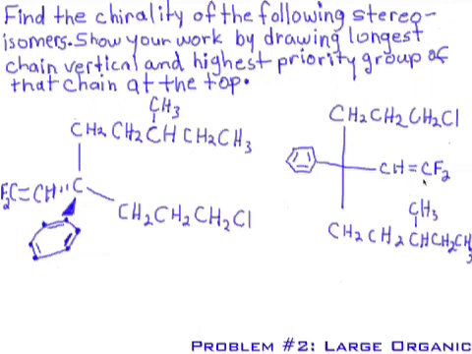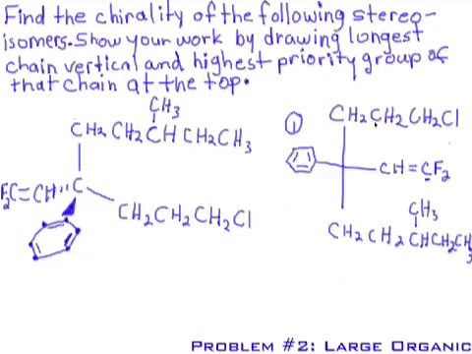This guy now has another carbon. He has an H, he has an H, he has another carbon. This carbon has an H, he has a third carbon. They have the other H's. So the first point of difference is the aromatic ring is number 1 because it hit 3 carbons.